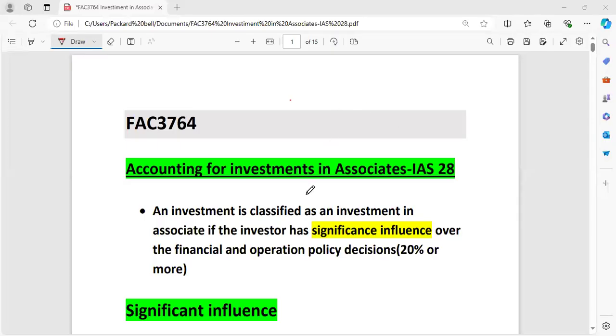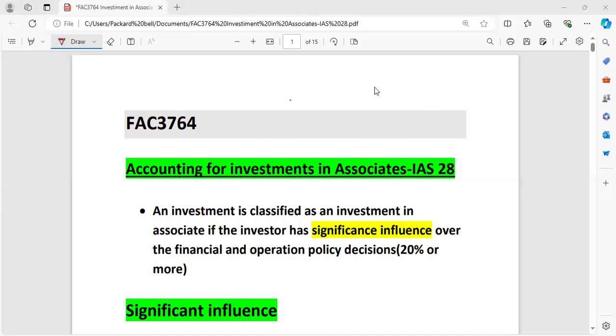Right. Today we're going to look at accounting for investment in associates. Remember, in our previous class, we did subsidiaries. So today we are going to look at a different standard, which is International Accounting Standard 28, accounting for investment in associates.